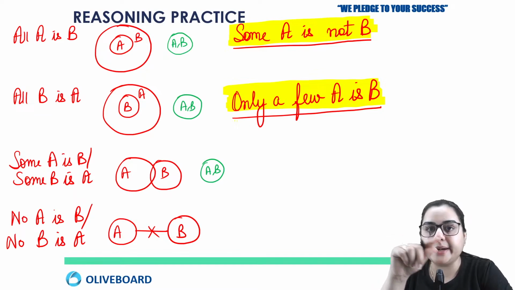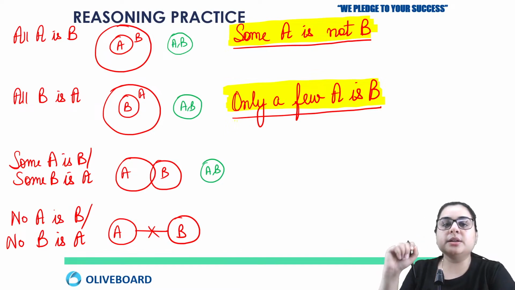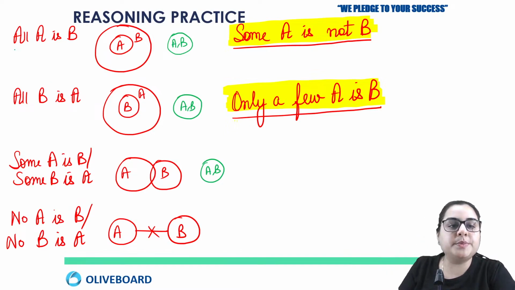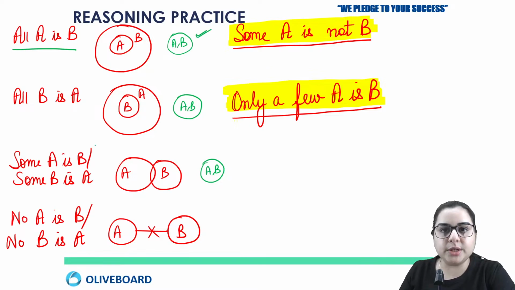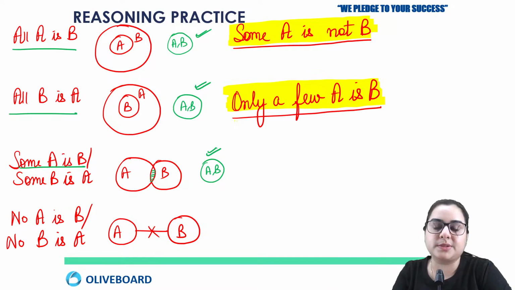We just make the red inked diagrams for all or some. Because if I say all A is B, this means all A is in B, and that is also happening in the green one. If I say all B is A, that happens in this green diagram also. If I am saying some A is B, then about the rest part of A, we have a doubt that the rest area of A can also come in B. So that's the reason this is possible in the case of some A is B also.